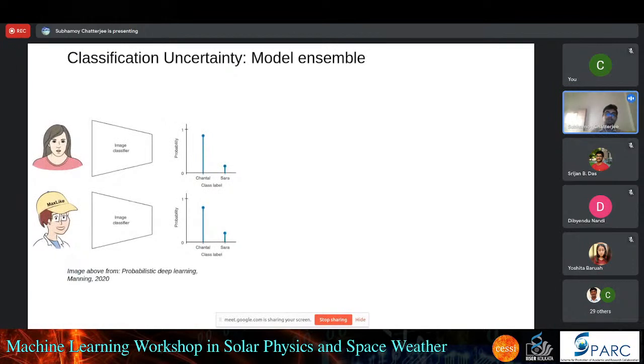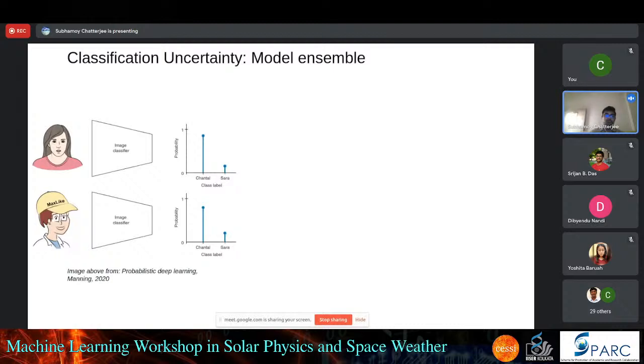So to motivate why classification uncertainty is important, this is an example right here. You have an image classifier which is trained to see 2 different faces, which are there on the x-axis here, right? And if you feed the model in the test phase with one of those faces, it will give a confident result because your test set data is well represented in the training set.